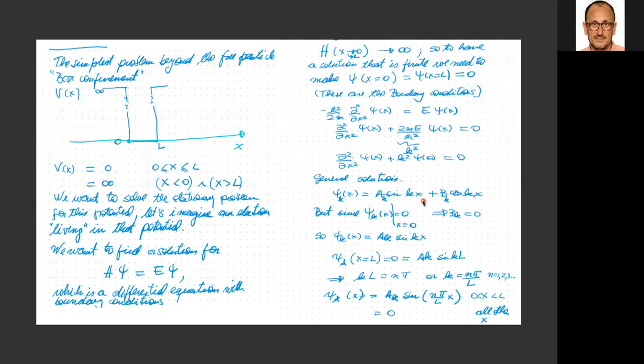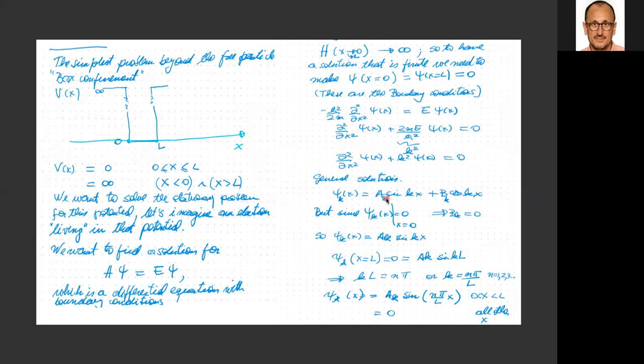But now we have to add a further restriction, and we have to add the boundary conditions. We know that phi at x equals 0 should be 0. And if that's the case, I can put x equals 0 here.